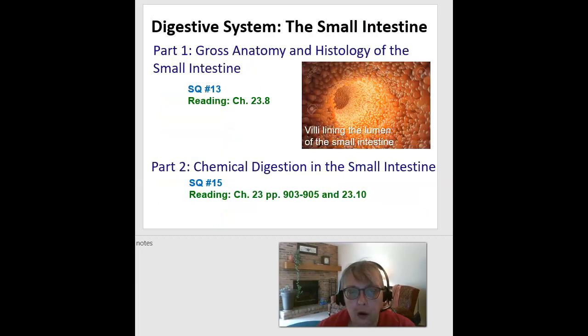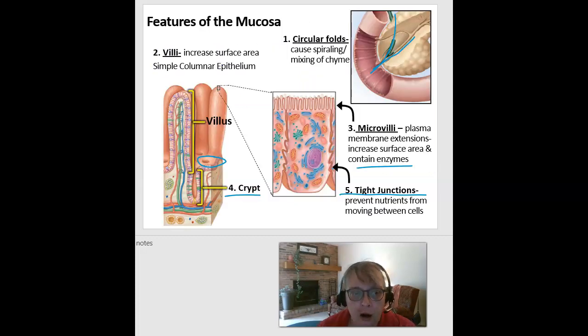And the crypt is important for the making of intestinal juice, and it also has some cells that are important for fighting off foodborne infections. There are these little yellow cells here. They're called, and we'll talk about them again.